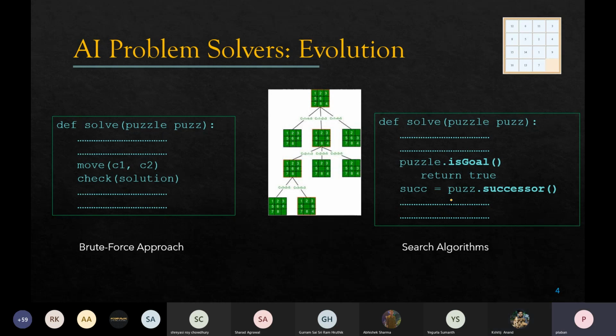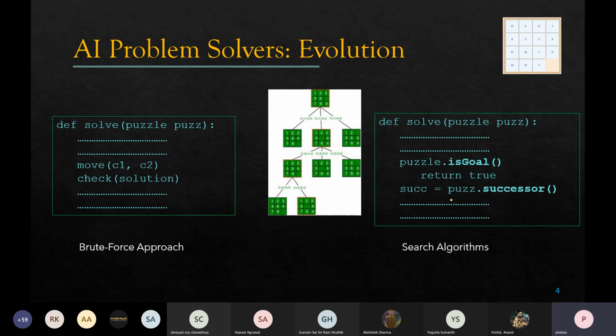So basically, the point that I'm trying to make here is that we would have taken a very brute force approach. We have a problem to solve, let us code it. That's how we go about it. But while we were discussing the search algorithms in this AI course, there we understood that these problems have a very specific structure.